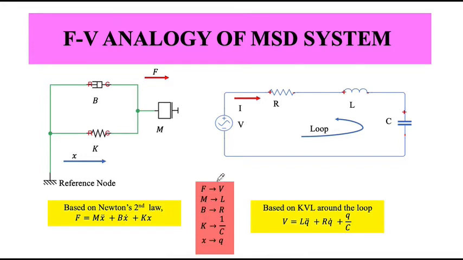Mass corresponds to the inductive element. B, the dashpot or damper, corresponds to the resistor. K is the spring which corresponds to the capacitor, and the basic system variable, the displacement, now corresponds to charge.